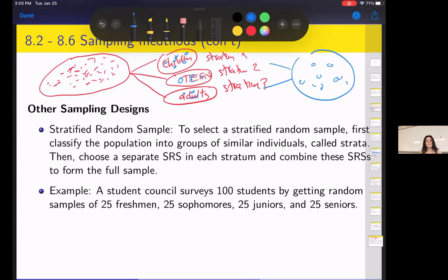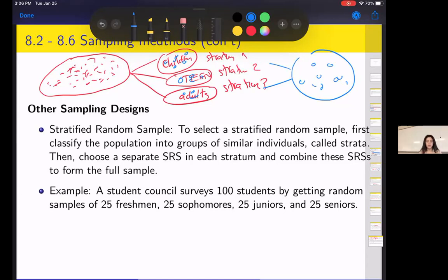Okay. Maybe it's not this example, say children, teen, adult. Maybe there's a better example down here. Right? So here it's the same, say a university has a lot of freshmen, a lot of sophomores, a lot of juniors, and a lot of seniors, right? So I want to survey 100 students. For each of those, I'm going to have a freshman group, sophomore, junior, and senior.